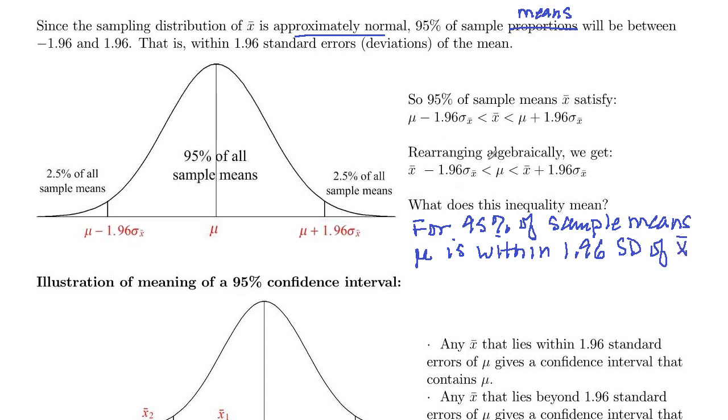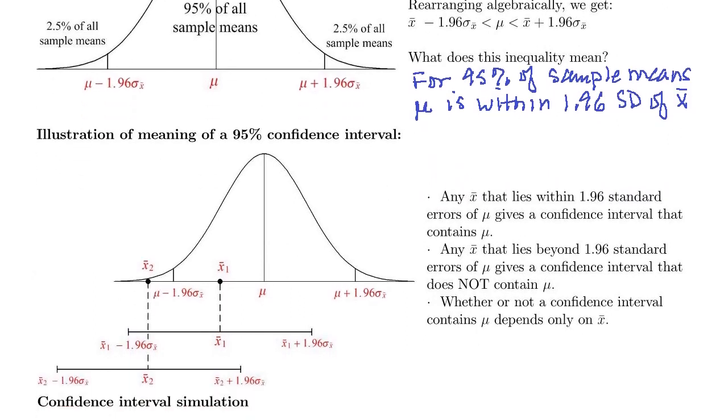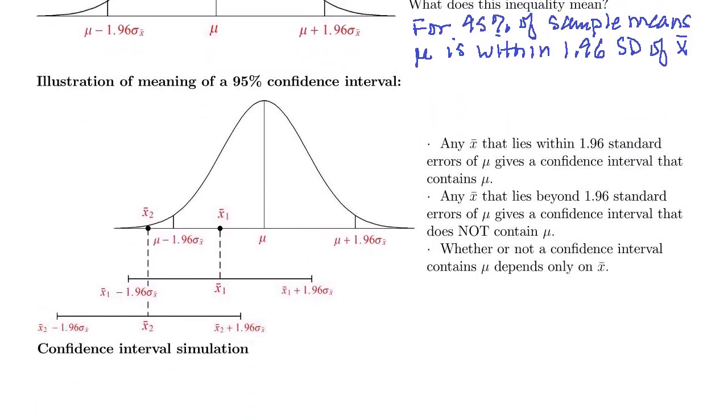So that happens 95% of the time. If you form this interval around x bar, plus or minus 1.96 standard deviations, that's going to contain the population mean 95% of the time. That's what a confidence interval is.